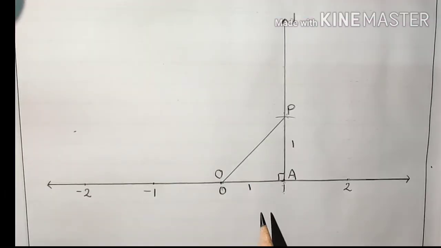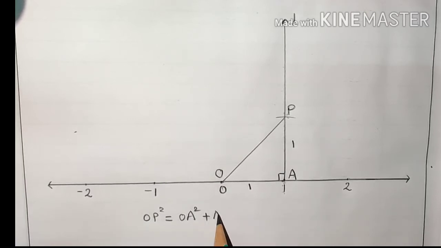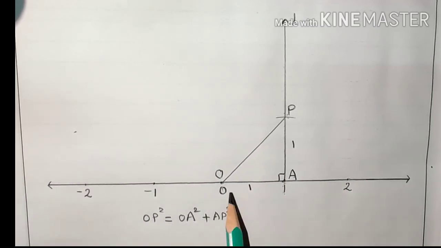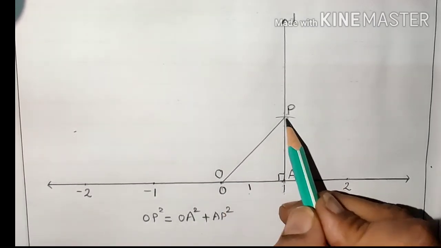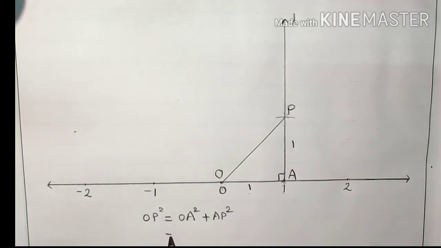Then, by Pythagoras theorem, OP square is equal to OA square plus AP square. Length of segment OA is 1 unit. Length of segment AP is also 1 unit. That is equal to 1 square plus 1 square, equal to 1 plus 1, equal to 2. 2 is the square of the length of segment OP.